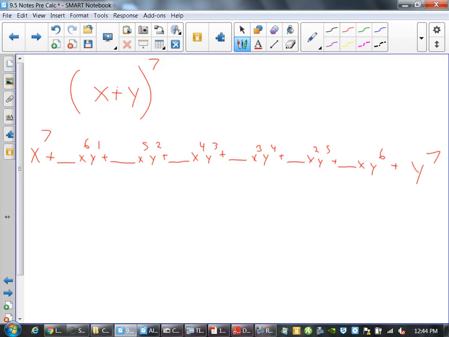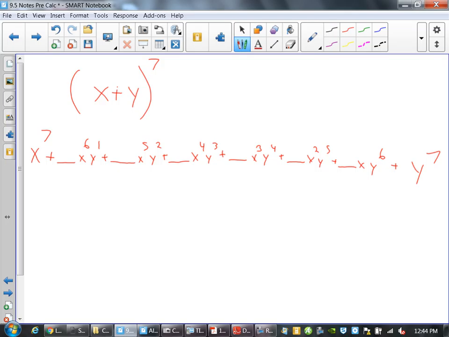We okay with that? My first line was way too big. Are you okay with the rules of the exponent? 7, 6, 5, 4, 3, 2, 1, 0, 0, 1, 2, 3, 4, 5, 6, 7. You got that much down? Everything else is a piece of cake. Everything else is going to be really, really easy.